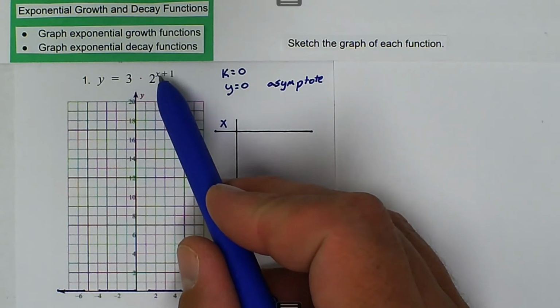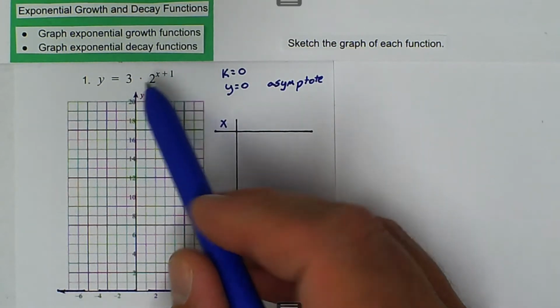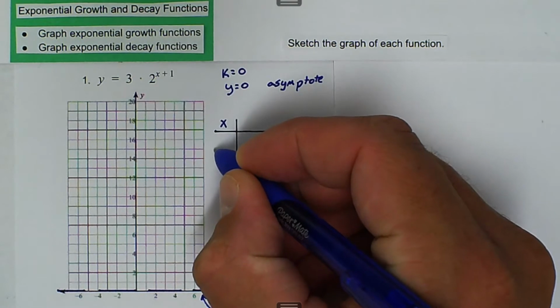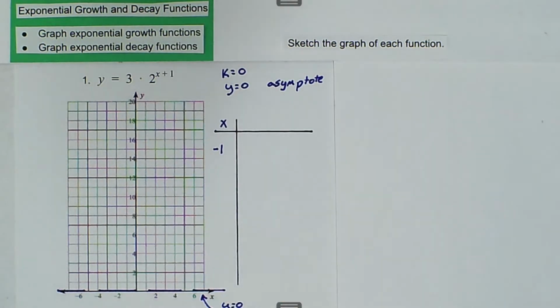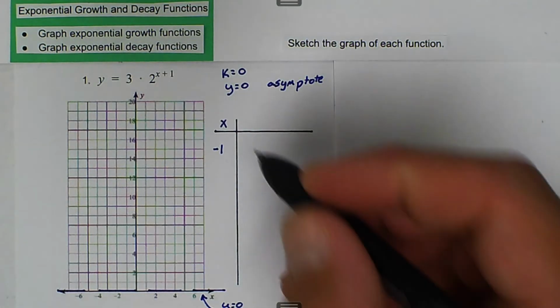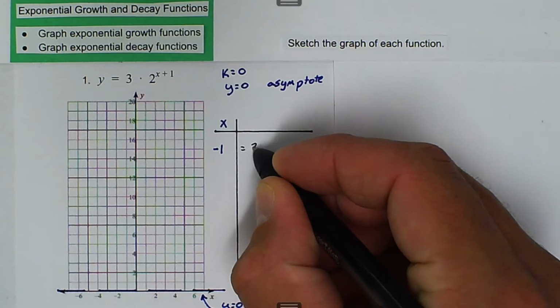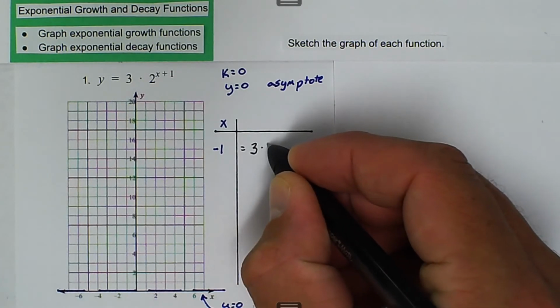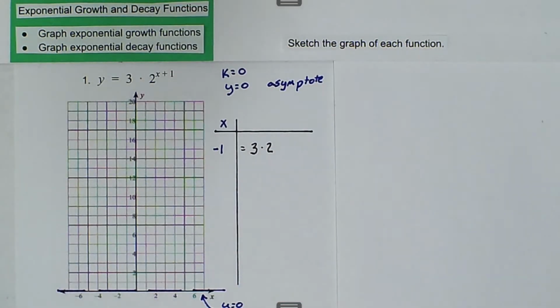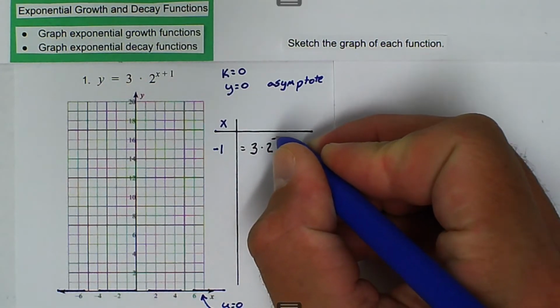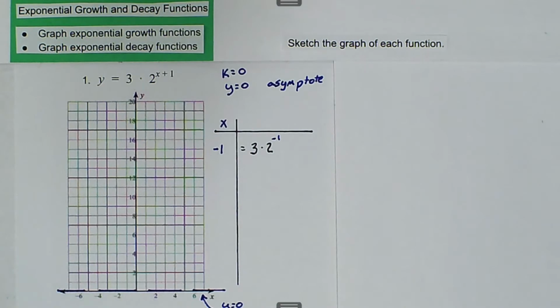So if we think about this, how could x plus 1 become 0? That would be if we picked -1 for our x. So we're going to substitute -1 into the equation. So then that's going to be equal to 3 times 2 to the -1 plus 1.